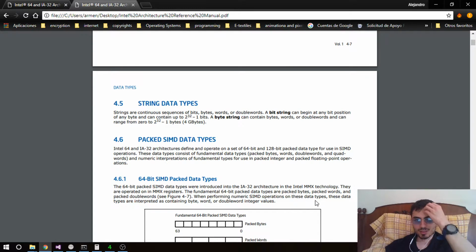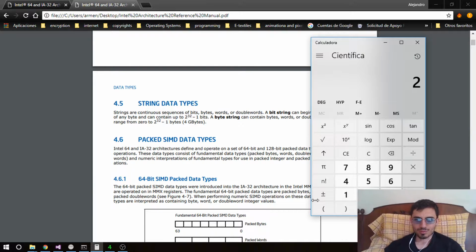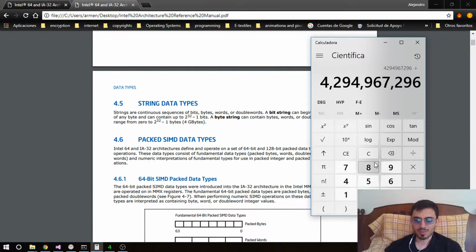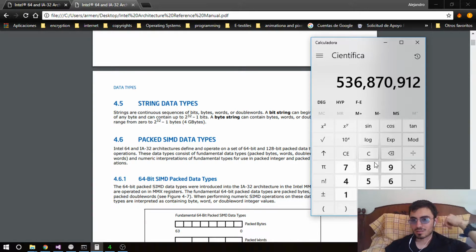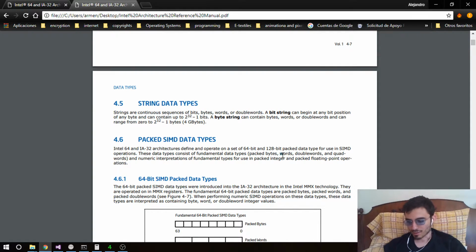Oh no, but they are bits, so they are gigabits. 2 to the 32, so we have 4 gigabits. Now divided by 8, we have 536 million bytes, which is approximately 500 megs.